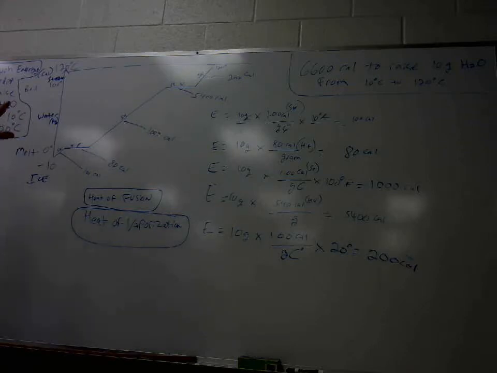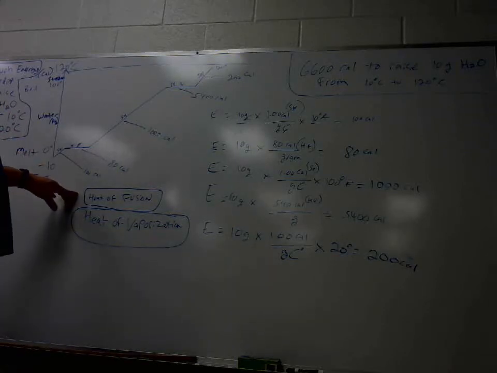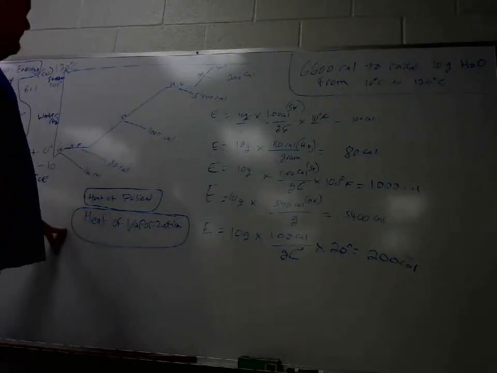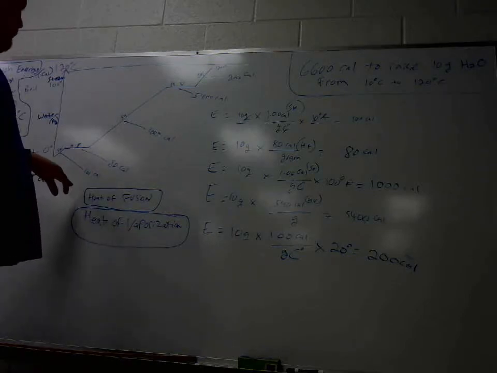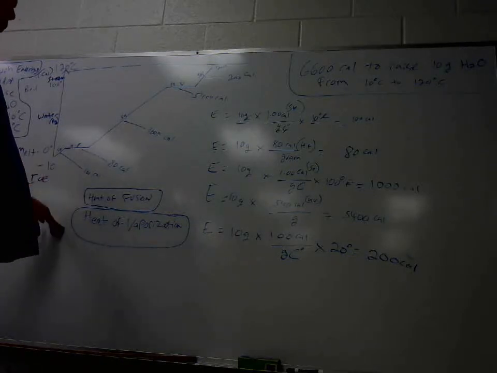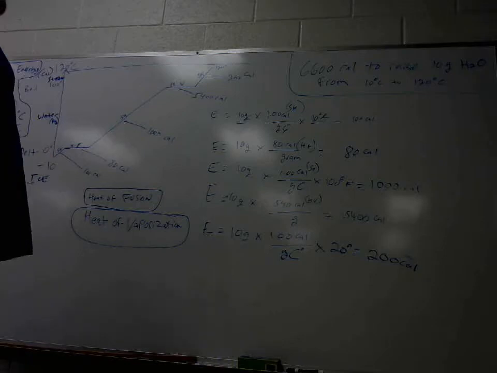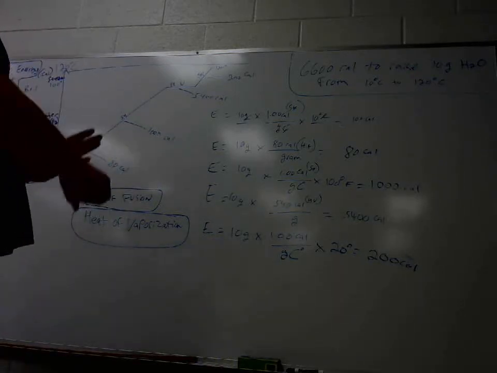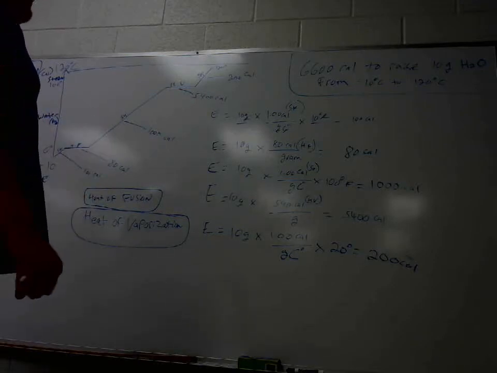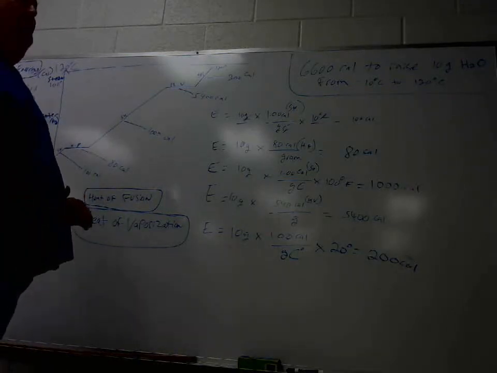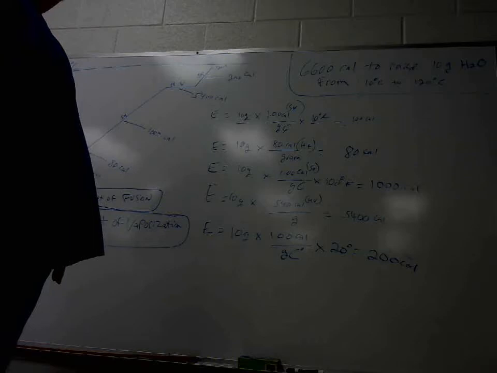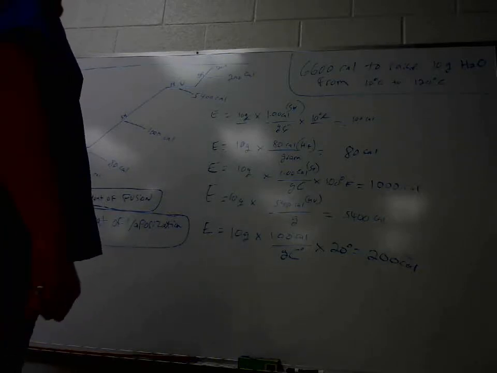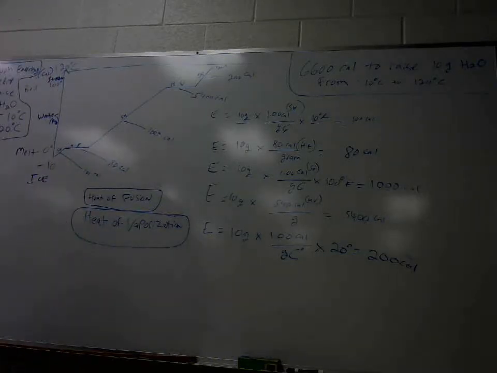Every substance has a heat of fusion and a heat of vaporization value to make it go from one state to another. And those are all listed. There's probably chemistry references that will show that for thousands and thousands of different elements and compounds and other substances, okay? So you would be expected to be given that information.